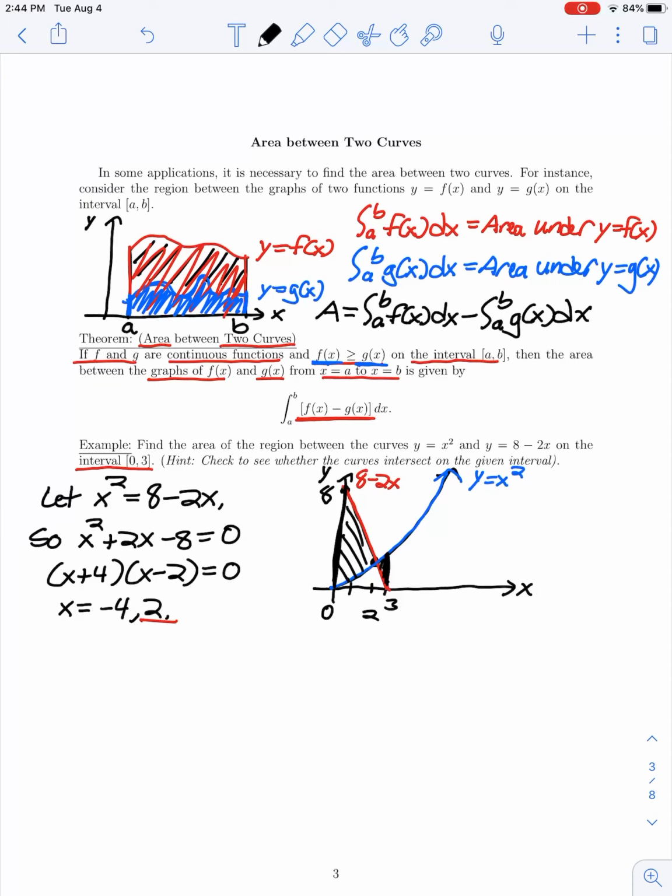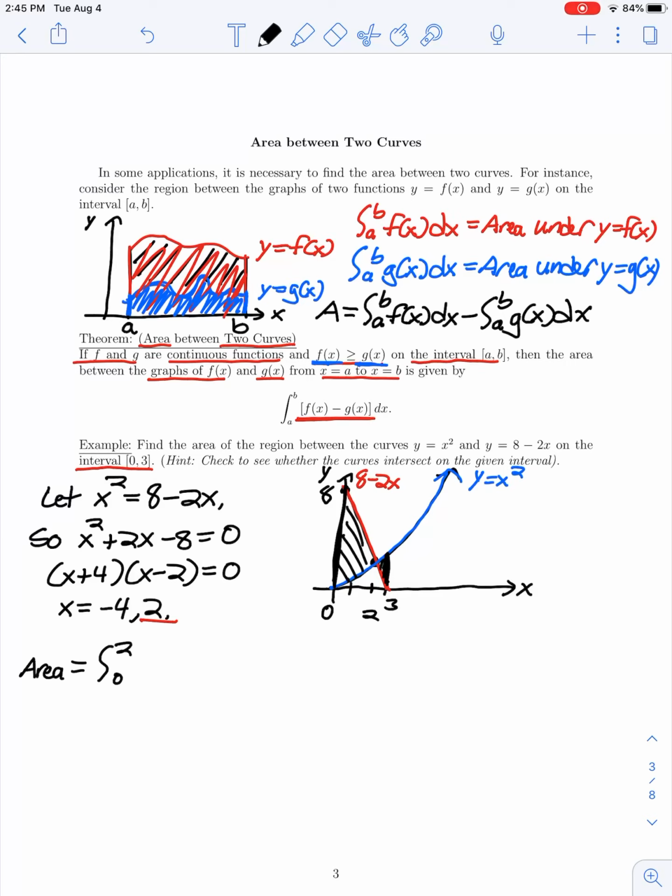To find the area between these two curves, we would find the area of our first region, that is from 0 to 2, where the top curve is the line, 8 minus 2x.